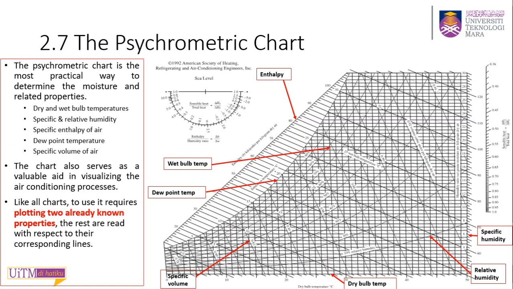Then we have the curve line, which is for relative humidity, 10%, 20%, 30%, up until 100%. And then we have the dew point temperature, the last curve line on the graph, next to the enthalpy ruler. The final curve line is for the dew point temperature.